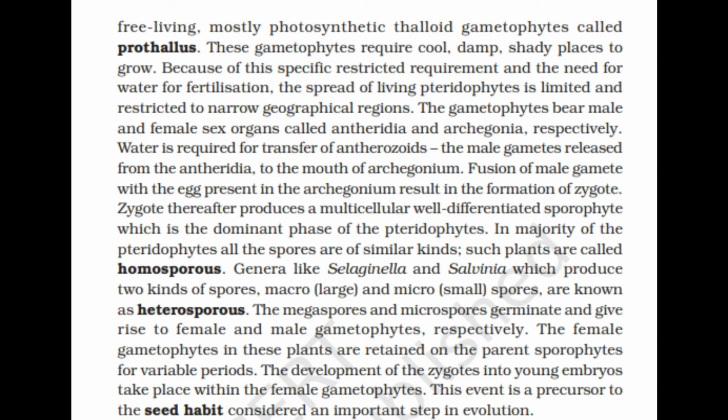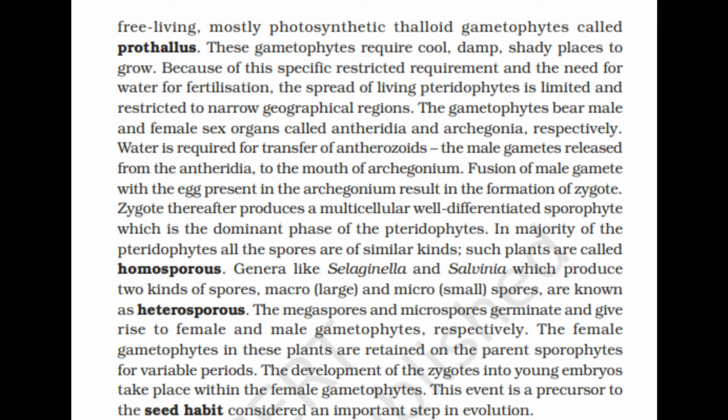These gametophytes require cool, damp, shady places to grow. Because of this specific restricted requirement and the need for water for fertilization, the spread of living pteridophytes is limited and restricted to narrow geographical regions. The gametophytes bear male and female sex organs called antheridia and archegonia respectively.